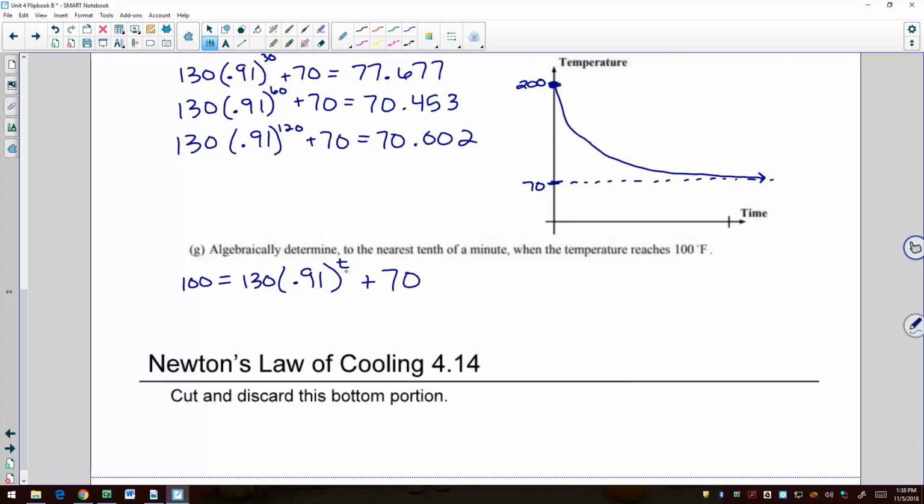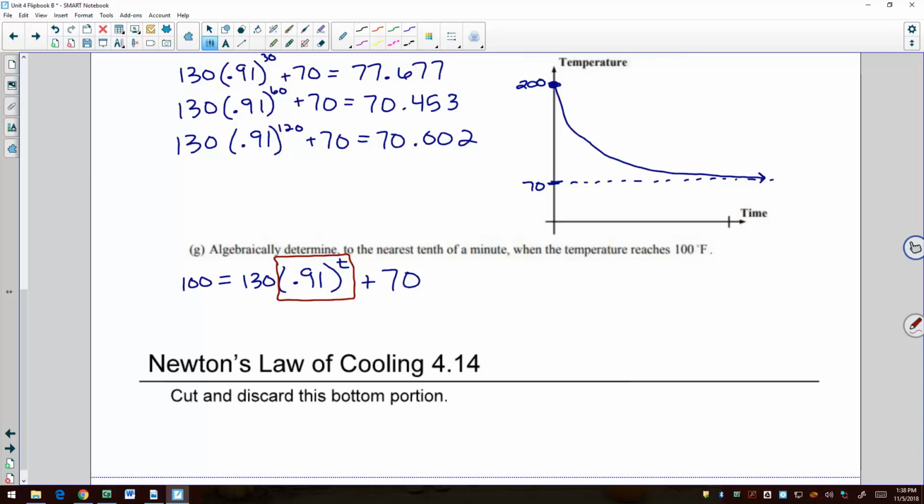And notice, look at here, T is the exponent. So I'm going to have to eventually log both sides in order to get T to drop down. But remember, before you can log both sides, you need to get what is directly connected to the exponent, which is only the 0.91. We'll box it in red. The only thing that's being raised to the T is 0.91.